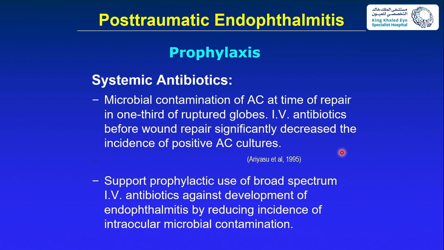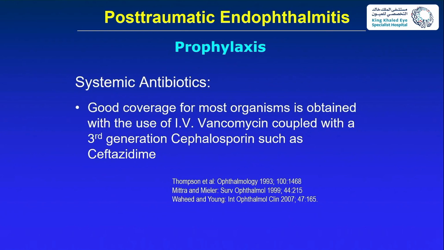And they found that if you give the patient intravenous antibiotics before the wound repair, this significantly reduces culture positivity of the aqueous humor at the time of surgery. This was the first study to show the importance of prophylactic intravenous antibiotics in reducing the contamination of the anterior chamber. And so this study supported the prophylactic use of broad-spectrum intravenous antibiotics against the development of endophthalmitis by reducing the incidence of intraocular microbial contamination.